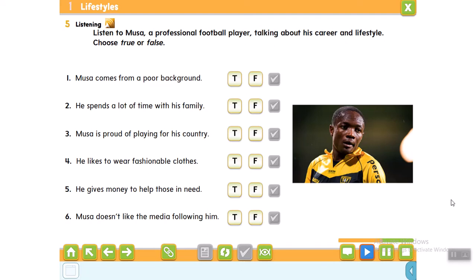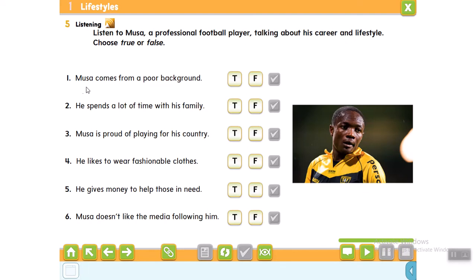But there are many benefits too. For me, the greatest thrill of all is when I play for my country. I get a lot of money for playing and from advertising. I get clothes and shoes for free from sponsors. I also give quite a lot to charity. I like being famous, but you lose your privacy. You can't go anywhere without the paparazzi following you. I hate that.